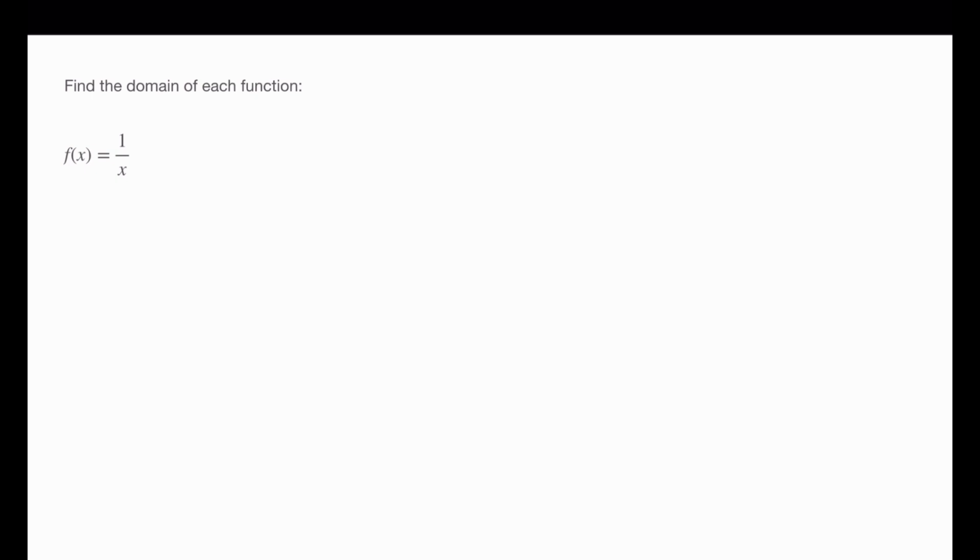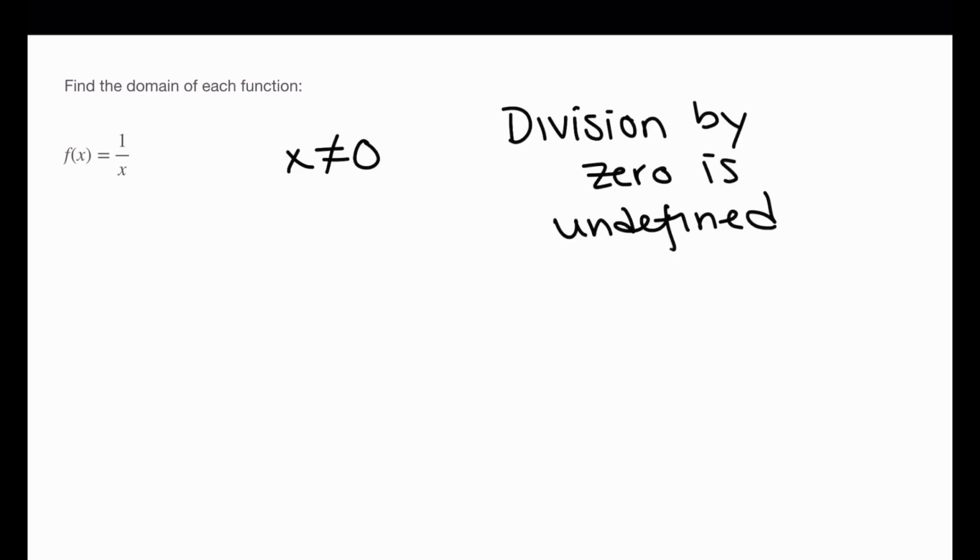All right, here's another one. f of x equals 1 over x. To find the domain, we can either think about our graph. This is one of our toolkit functions from the previous video. Or we can think about, well, what are the rules when you have division? When you have division, the rule is you can divide by any number you want, except for 0.